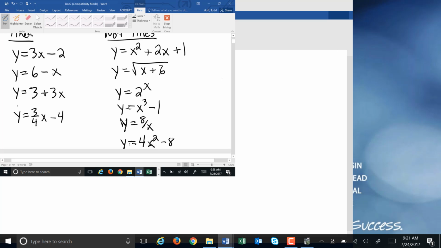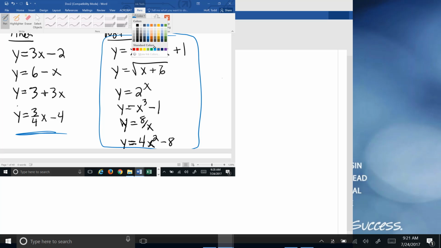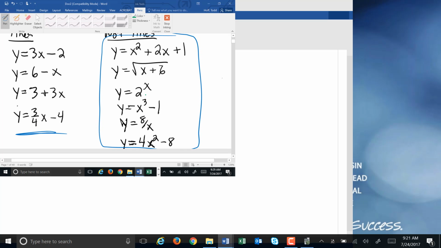So as we look these over, we want to look at what is the difference between those equations. More specifically, what makes these not lines? What do these have that these other ones over here don't have that makes them not a line? The powers. Now the powers, I need to be more specific a little bit, because if I had y equals 2x minus 3 squared, that would still be a line.